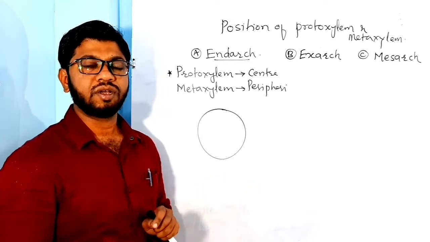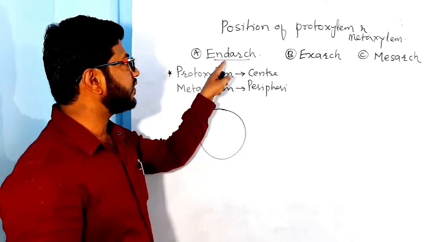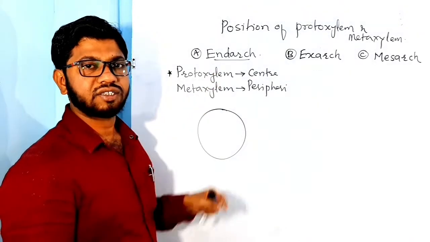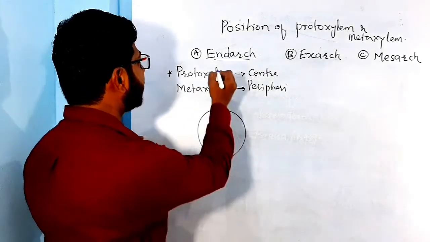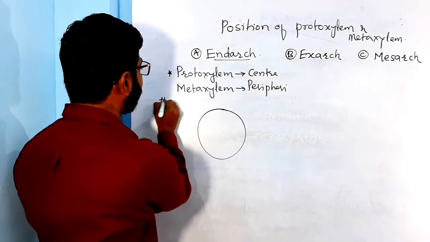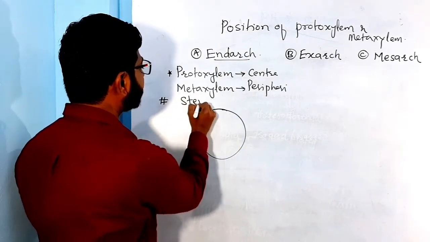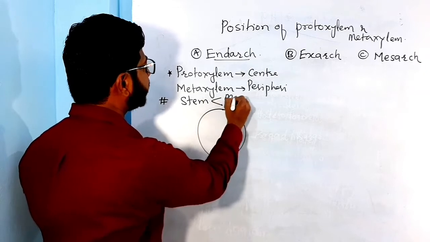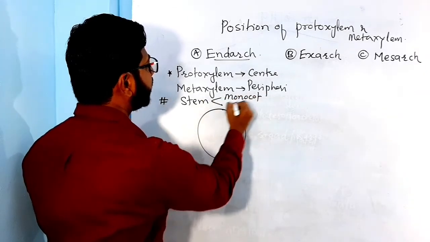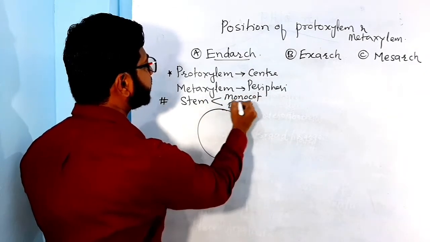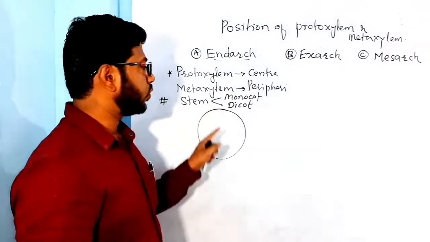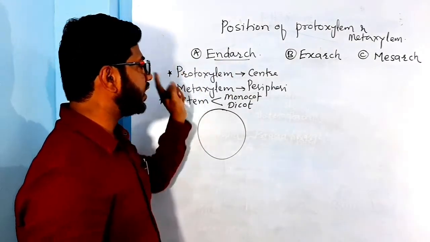In the stem, vascular bundles are always arranged as the endarch type. It means endarch vascular bundle is a characteristic of stem, both in the monocot stem as well as in the stem of dicot. Vascular bundles in the stem are endarch.